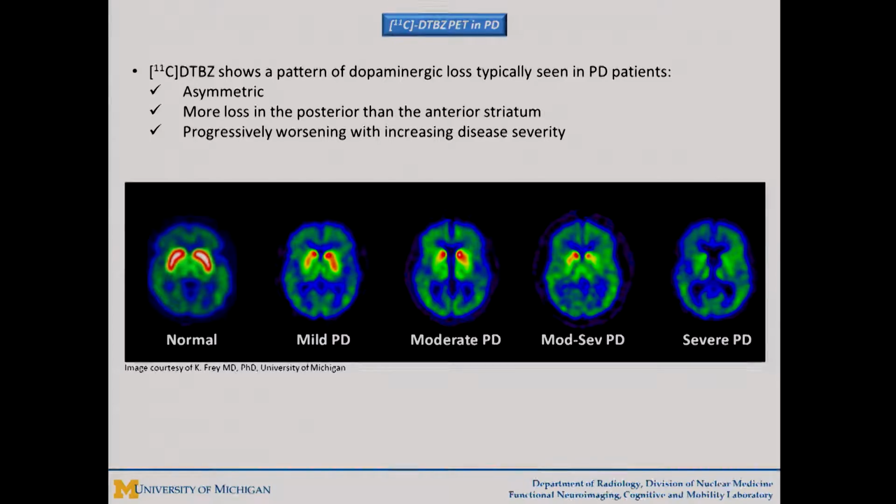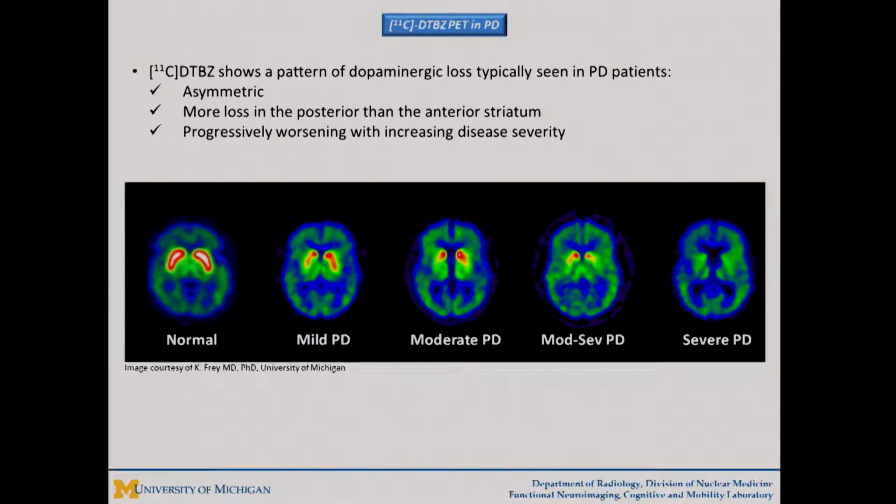So what does it look like? Again, remember, red means a lot of activity. White, actually, it's red hot, means even more activity, and blue doesn't mean too much activity. If we look at a normal brain, this is the striatum, and most people might have heard of the putamen and the caudate nucleus.